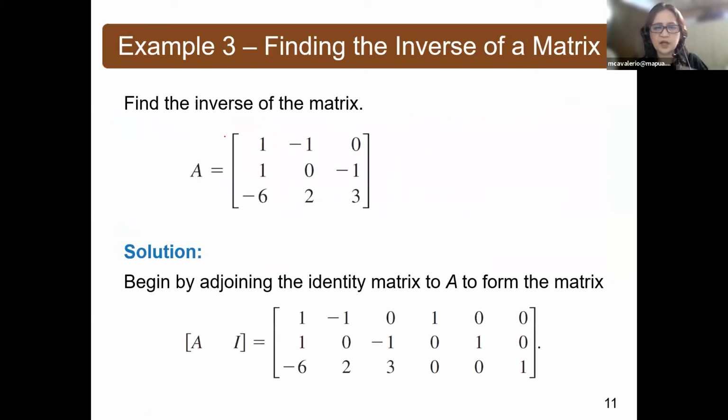So for example, how do we find the inverse of the 3 by 3 matrix A? You have 1, 1, negative 6, negative 1, 0, 2, 0, negative 1, 3. First of all, we adjoin A with the identity matrix and then perform the elementary row operations.